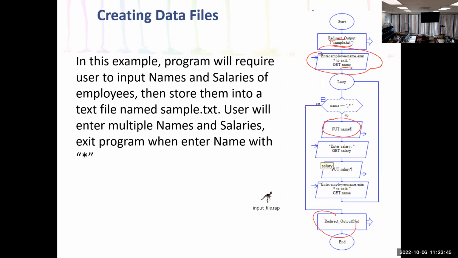But put name here does not give you output on the screen. Actually, it writes in the file. Again, you get the salary, and put salary writes it into the file, sample.txt. And again, do it again and again until he enters the star here. And you can run the program here. You can see how the program runs.